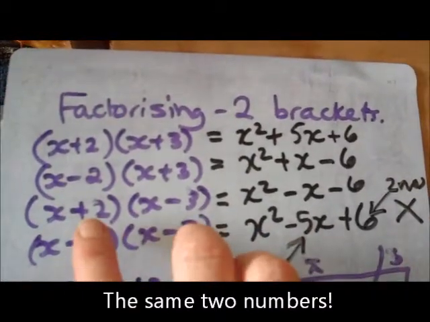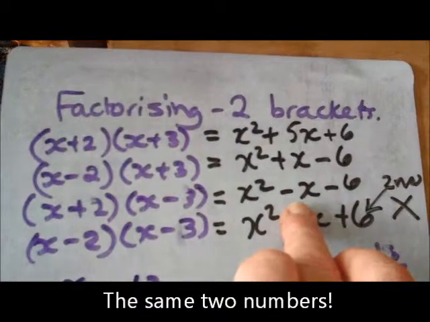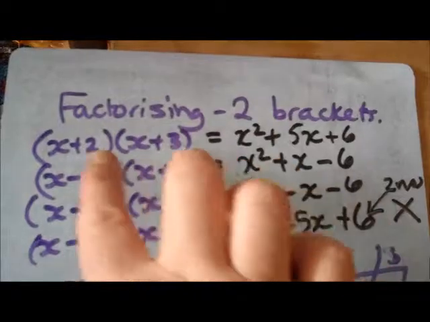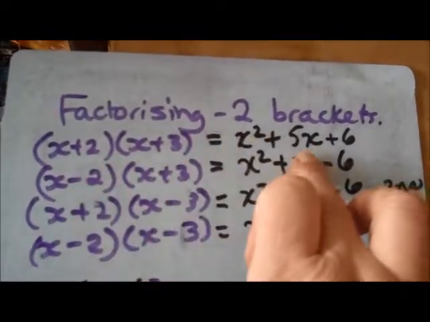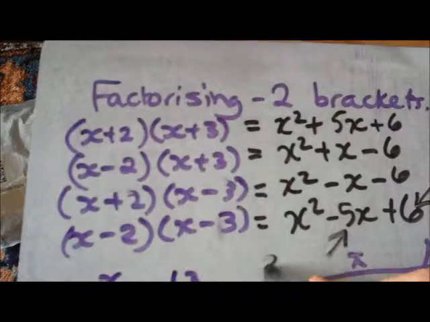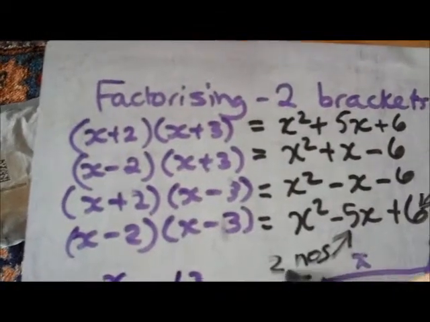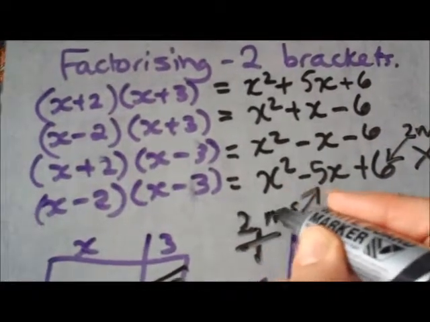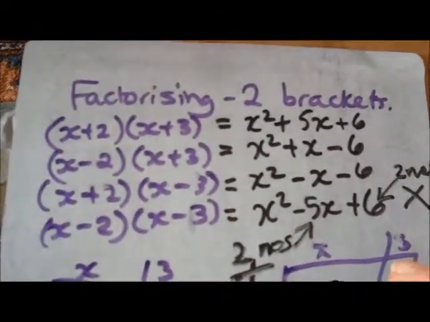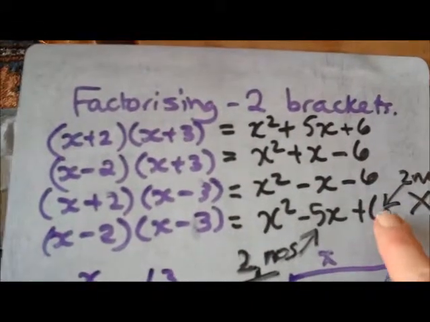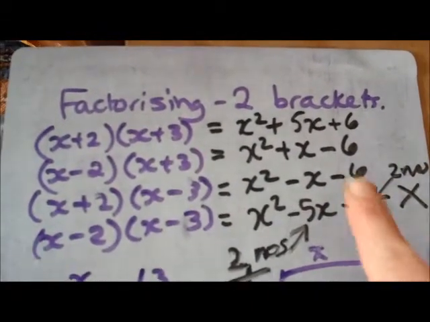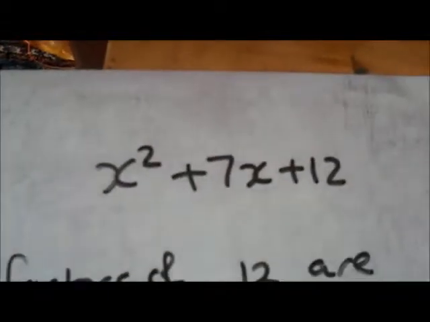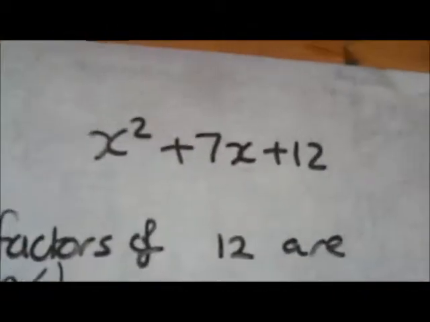Minus 5. What is plus 2 minus 3? Minus 1. What is minus 2 plus 3? Plus 1. What is plus 2 plus 3? Plus 5. So here I'm looking for two numbers that add. And that's the skill that we need when we're factorising. You're looking for two numbers that multiply to give you this last number, and two numbers that add to give you the middle number.